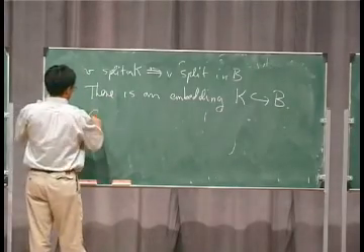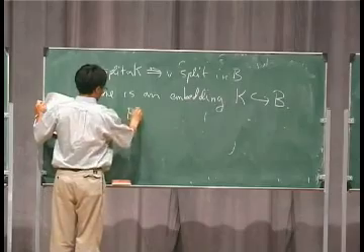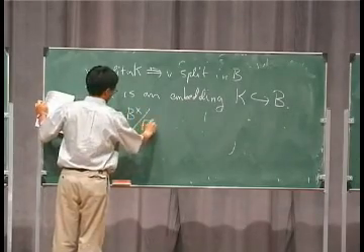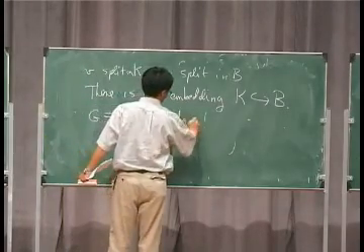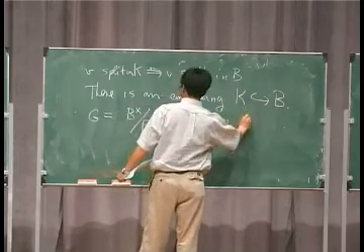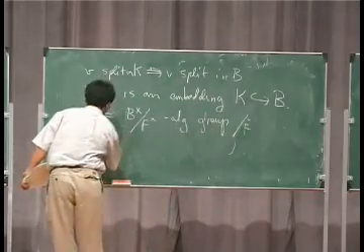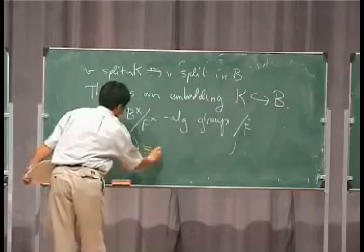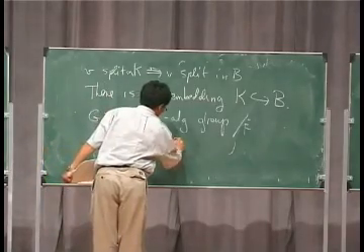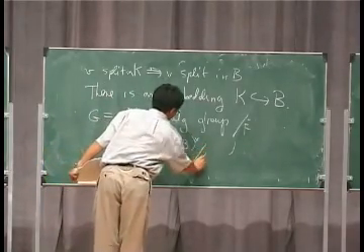Now I define G as the algebraic group B cross of F cross, the algebraic group over F. In other words, for any algebra A, it is A tensor B cross divided by A cross.